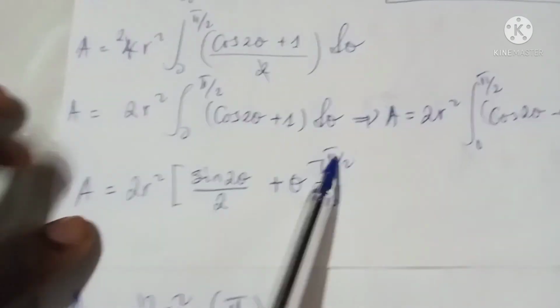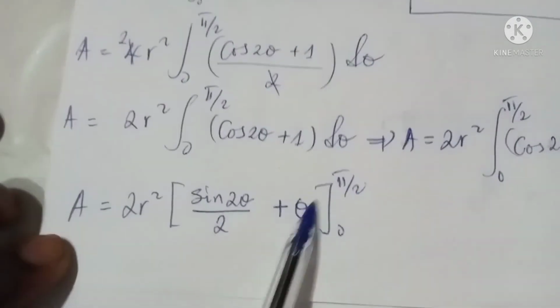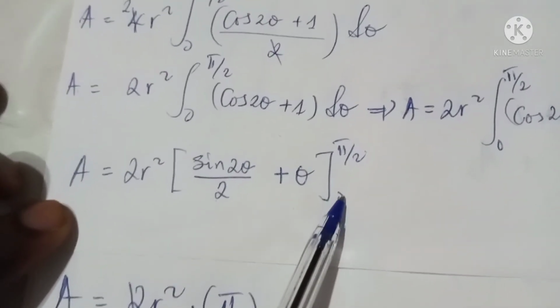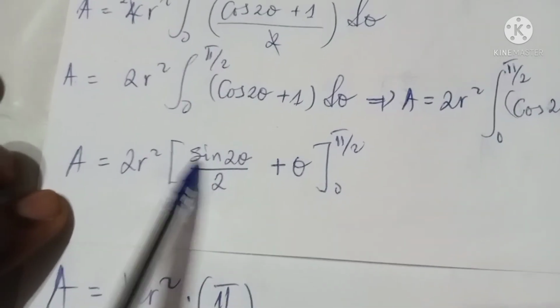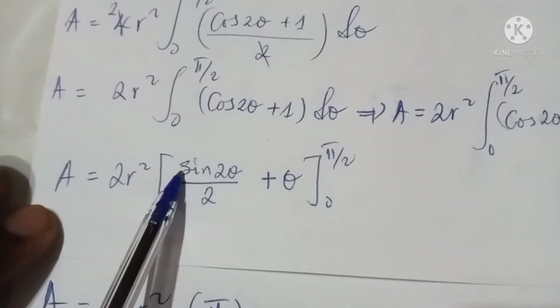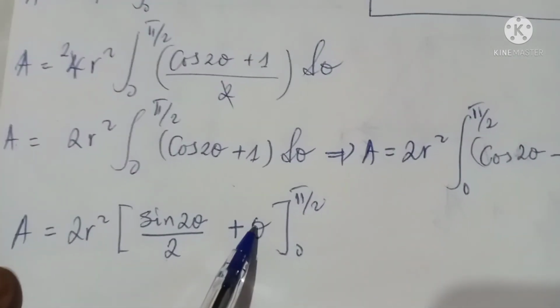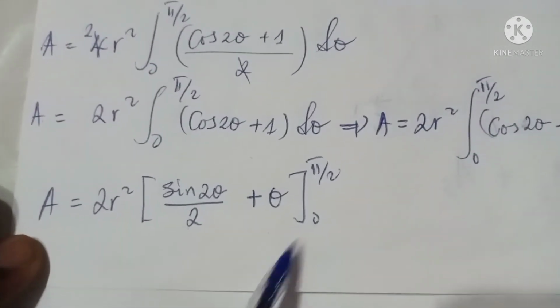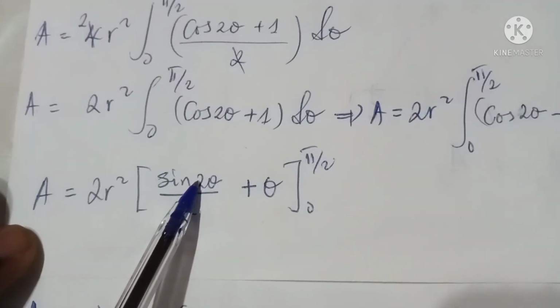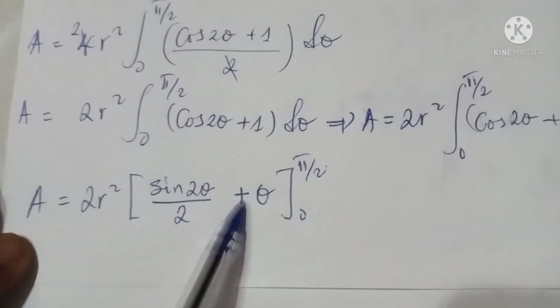Now, replacing our limit, pi on 2 in this expression minus 0 in this expression. Sin 2 times pi on 2 is the same as sin pi, which is 0, plus pi on 2, minus sin 0, which is 0, plus 0.